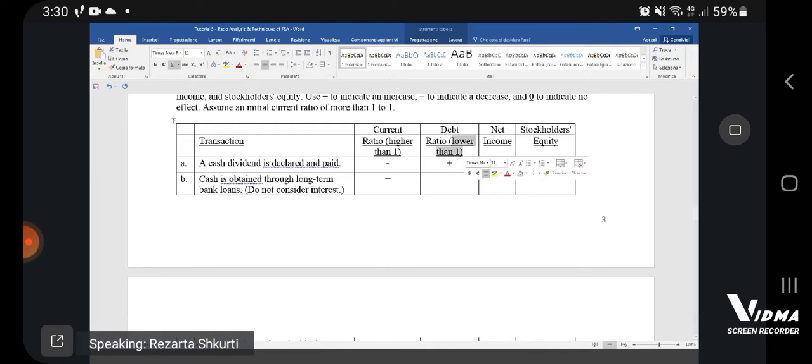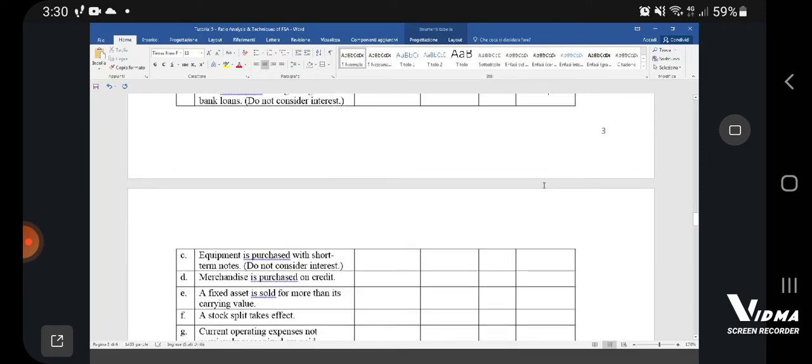That means that for a ratio that is lower than 1, when you increase both numerator and denominator by the same amount, the value will go up. The net income is 0. We said that we are not considering the interest expenditure yet. Stockholders' equity: no impact.